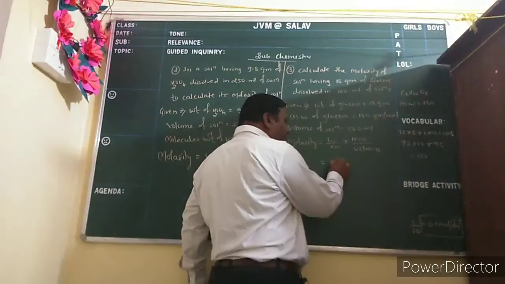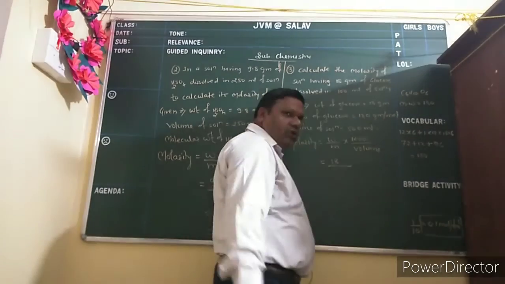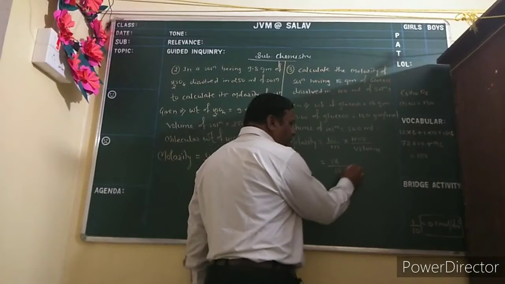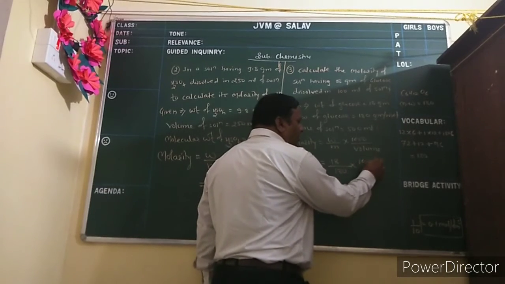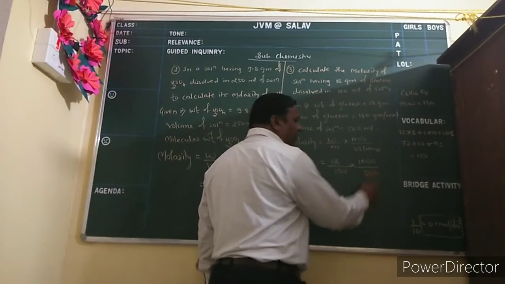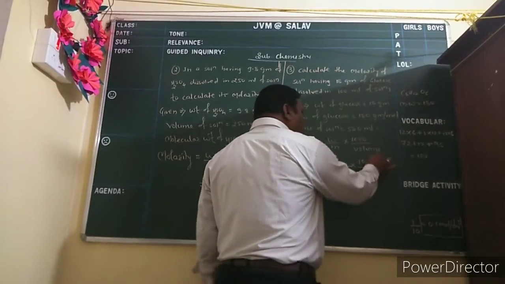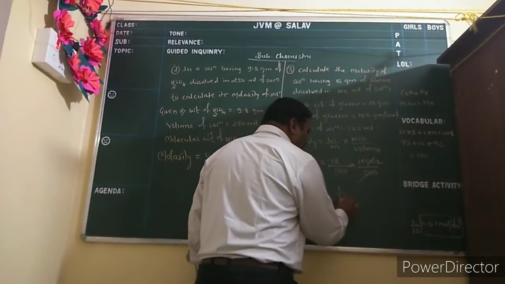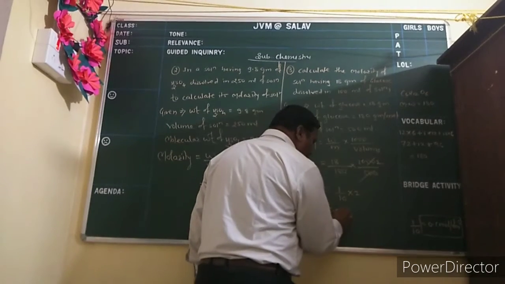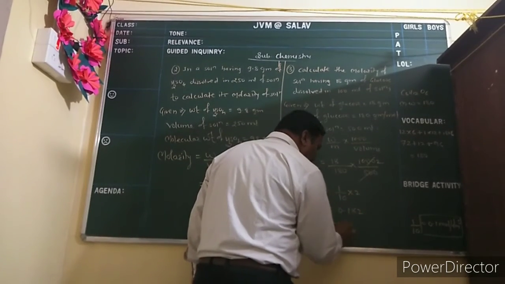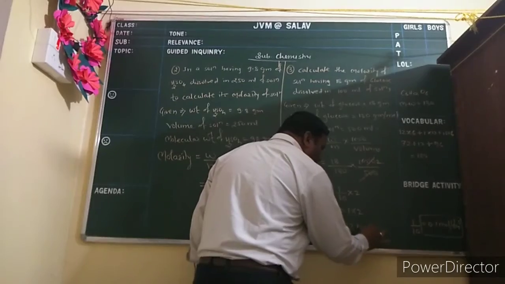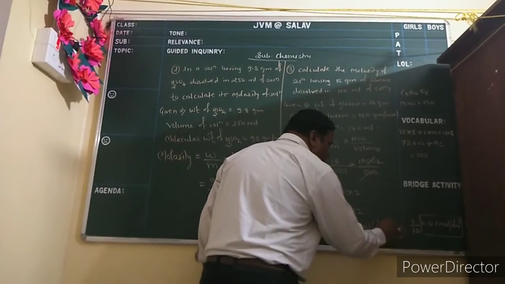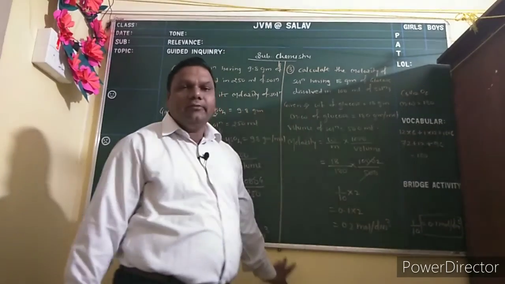Small w is 18, molecular weight 180, into 1000 upon 500. So here 1 by 10 into 2, that is 0.1 into 2, you will get 0.2 mole per dm cube. Any doubt?